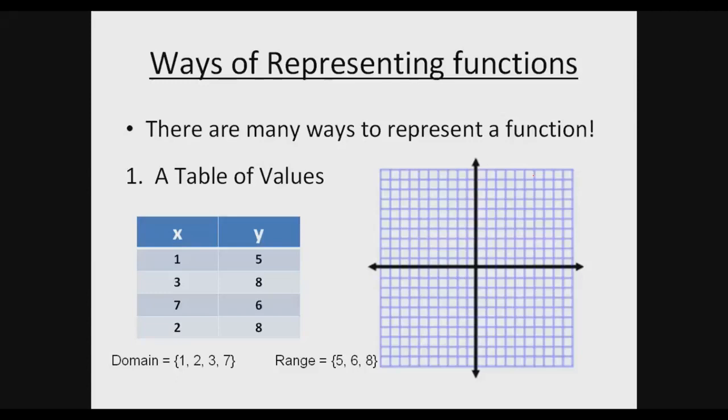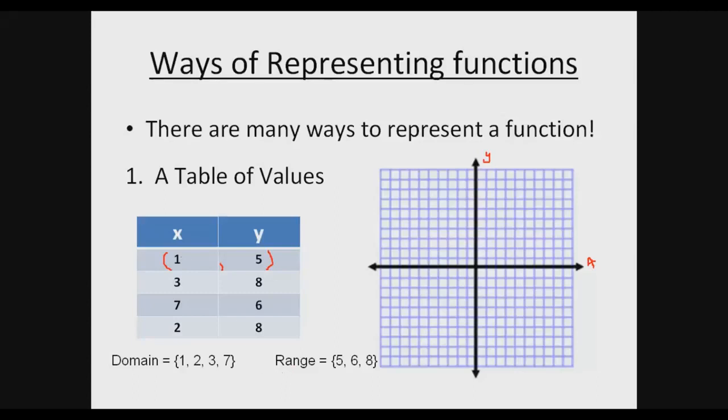So another way to represent what may be a function, we'll have to check this one, is with a table of values. We've seen a table of values before, and we know that these are points that we could graph on this Cartesian plane here. So let's graph this one and see what's going on. It's got our domain and range down here, which will be the topic of the next video.